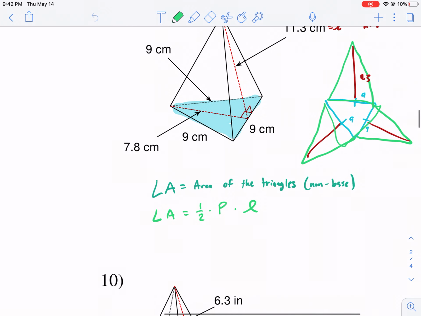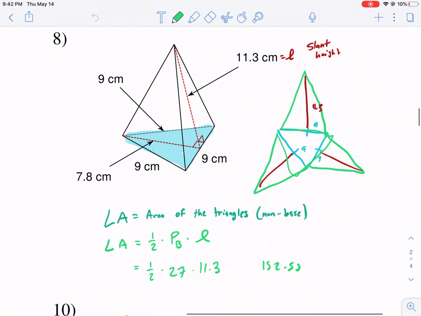So that's a shorthand way to find the lateral area: 1/2 times the perimeter of the base times the slant height. The perimeter of the base is 27, and we know the slant height is 11.3. So we can apply all that information, and I got 152.55.